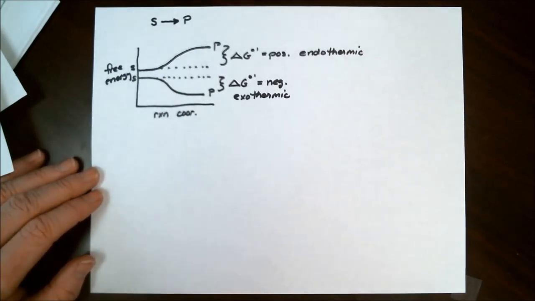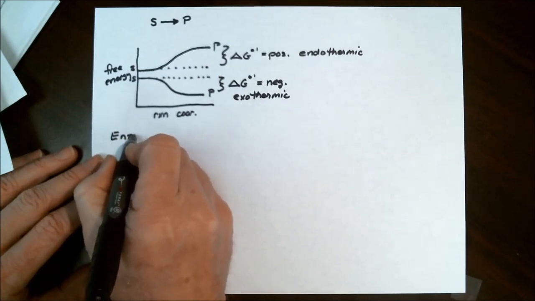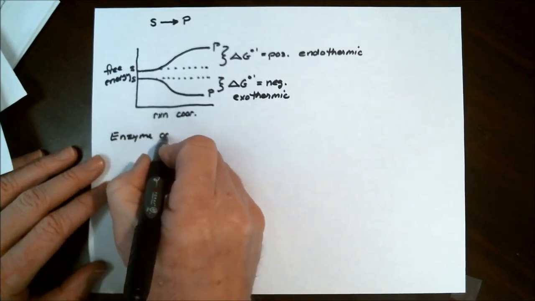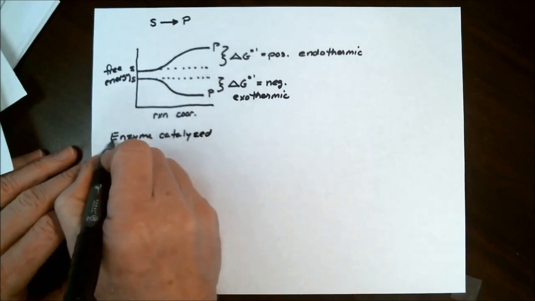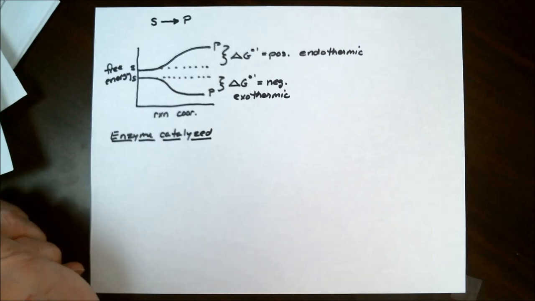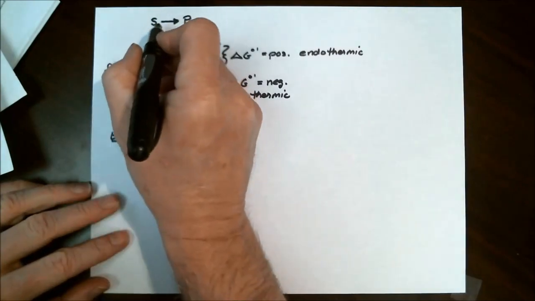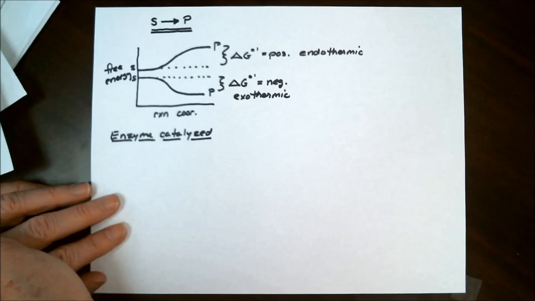Now, when we move into enzyme catalyzed reactions, the situation is a little different because we have to consider the role of the enzyme in the chemical reaction. In the straight chemical reaction, we are just looking at a substrate or reactant that converts into product.